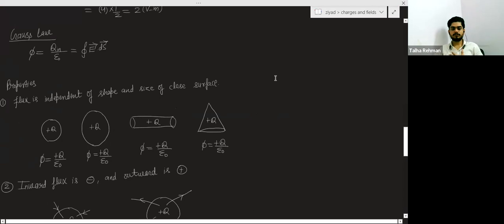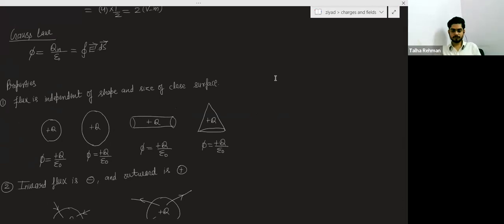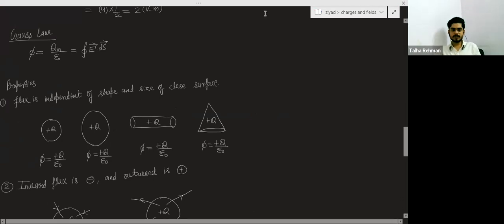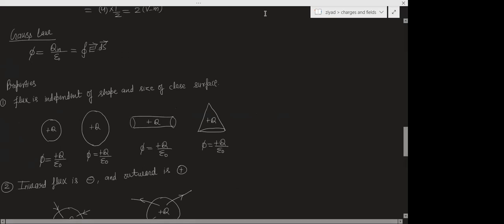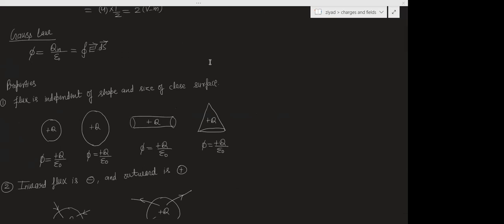You can note it down. Then we will solve some questions after that. There are some simple things that you have to remember.